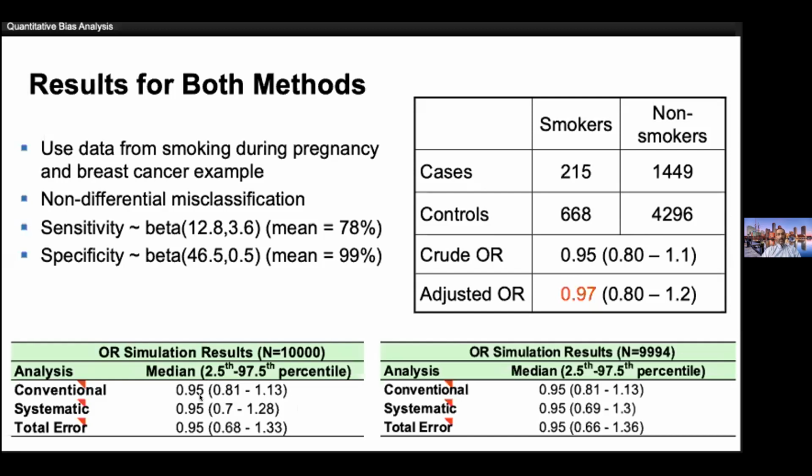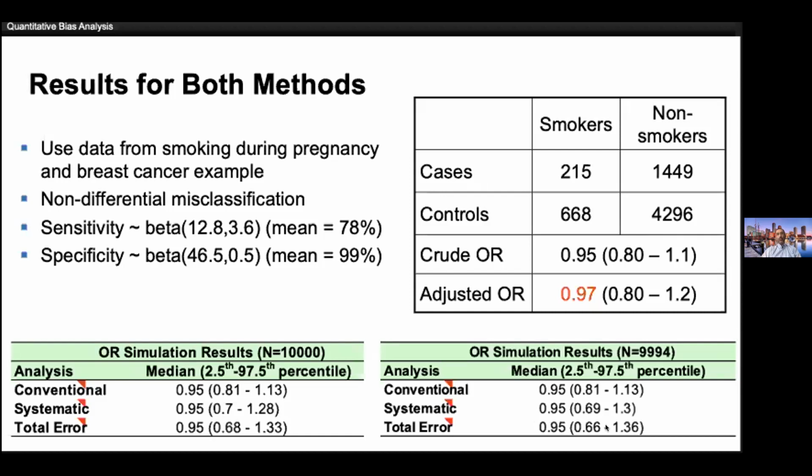You can ignore the middle line, but if you look at the total error, you can see the point estimate is 0.95 in both cases. But if you look at the intervals that describe both the systematic error and the random error, and I'll come back to what's in there specifically later, you can see that the record level approach on the right gets you slightly wider intervals. Why?